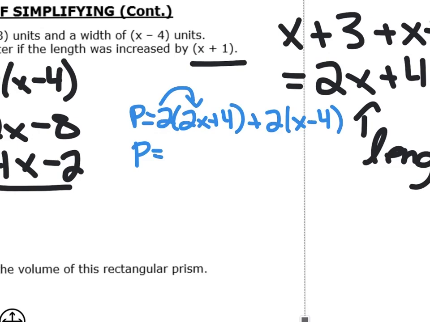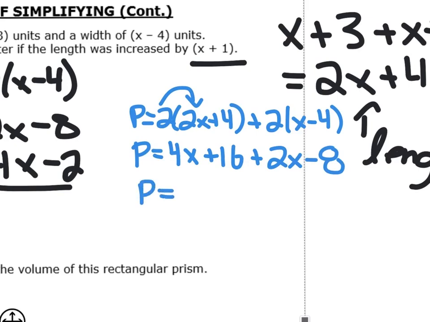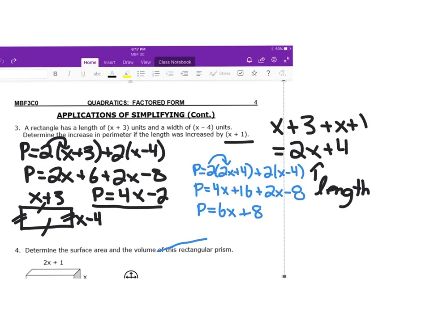We would multiply in, so 4x plus 16 plus 2x minus 8. The perimeter equals 6x plus 8. So if you wanted to look at the difference, you could between the two formulas. Okay? Here's the difference between them.